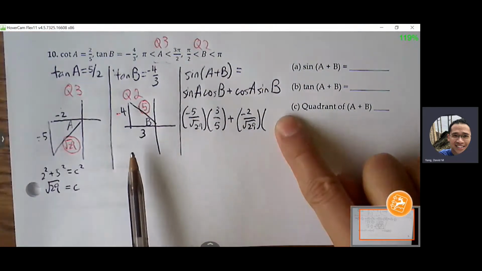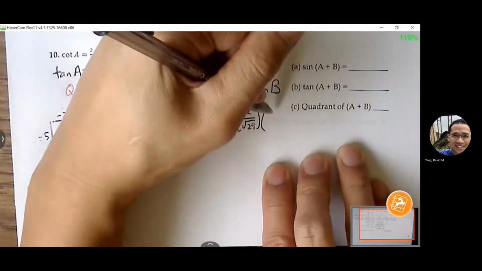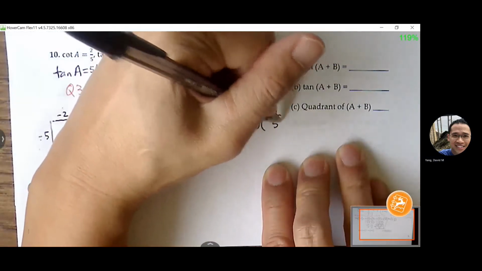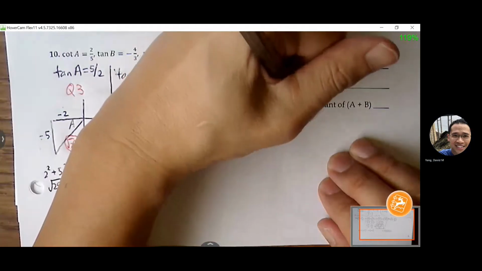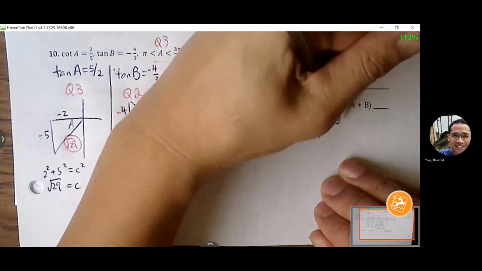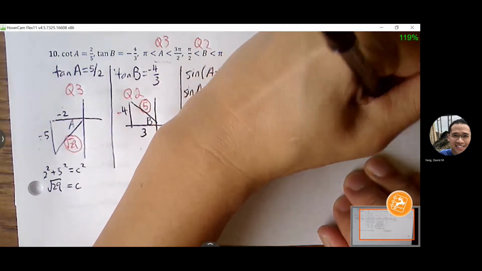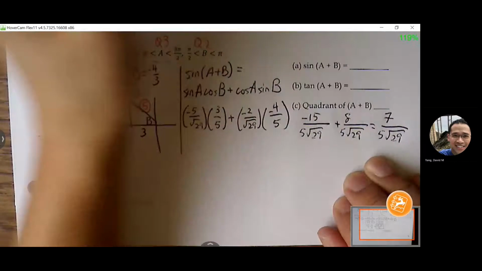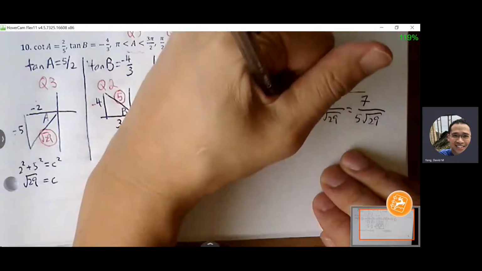Sine of b, what's sine of b? -4/5. Either this or rationalize the denominator.